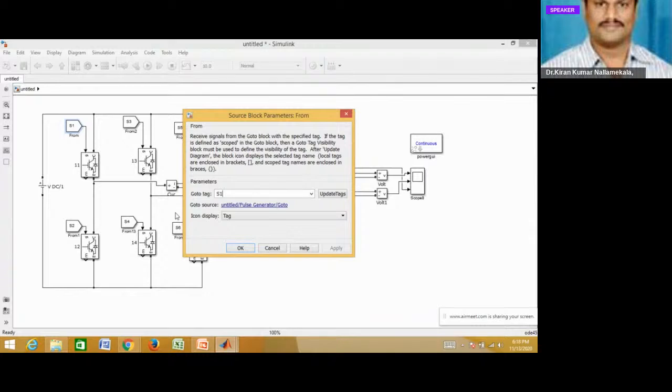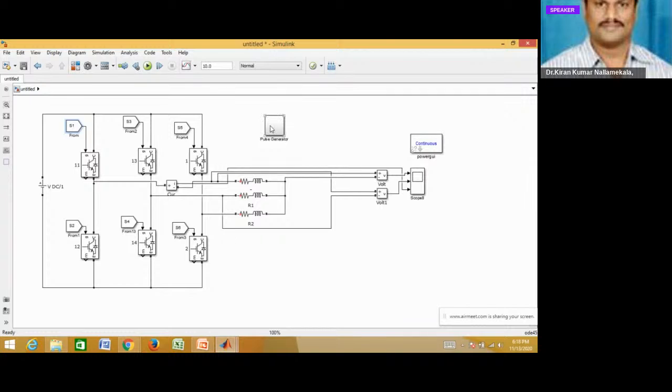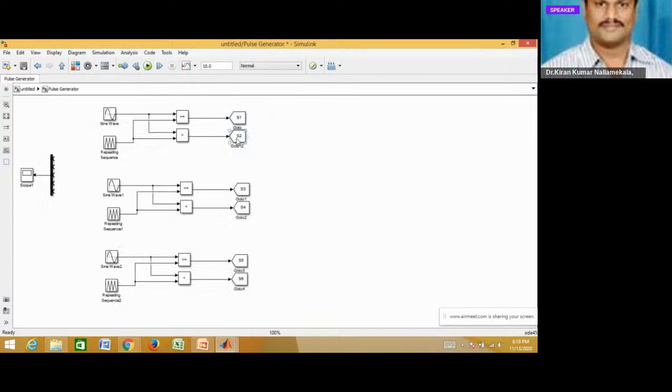That means here you have to give S1. If you give S1 here, then it will take the signal from the go to block of that particular S1. Similarly here you have S2, that signal is taken from here. Similarly for B phase we are giving from go to block of S3 and S4.